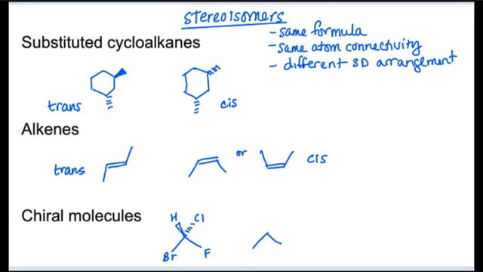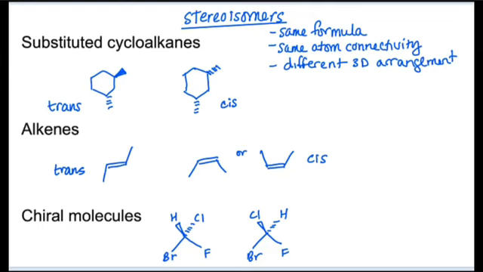Let's draw the other version of it, where we swap any two of these groups. I'll draw these two the same, and I'll just swap these two. So now the chlorine is on the wedge and the hydrogen is on the dash.